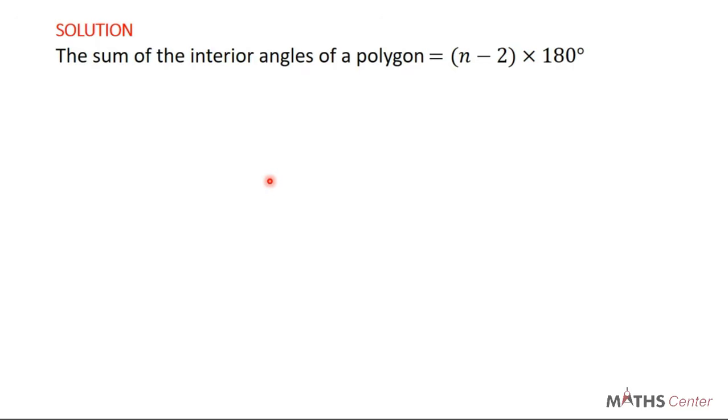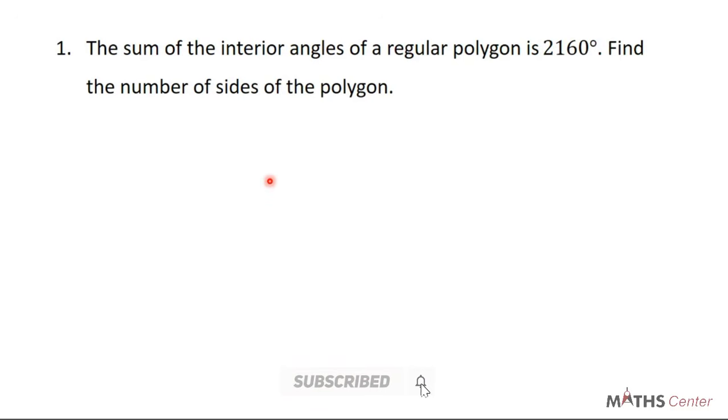We know that the sum of the interior angles of a regular polygon is n-2 times 180 degrees. Now the question is telling us that there is this polygon. If you sum the interior angles, you are going to get 2160 degrees. Now we are supposed to find the number of sides of the polygon.